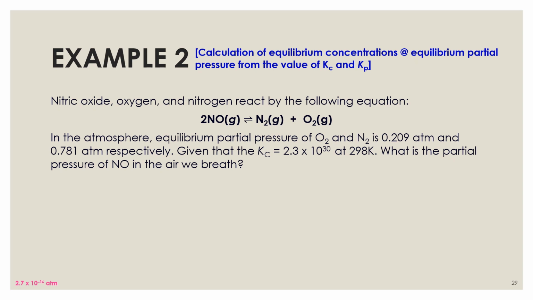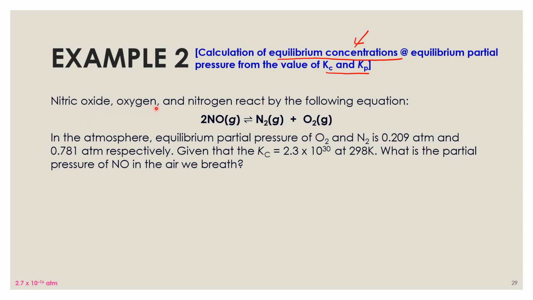In example 2, you are going to calculate the equilibrium concentrations or equilibrium partial pressure from the value of Kc and Kp. So dalam example ini, you akan menggunakan value of Kc dan juga Kp in order to find any of these equilibrium concentrations ataupun partial pressure.